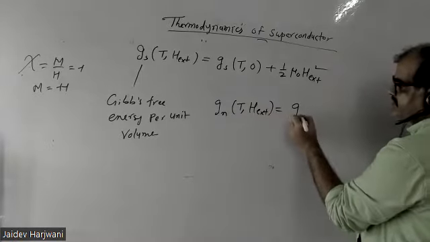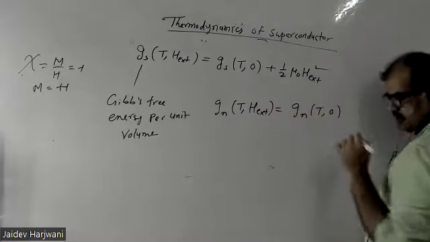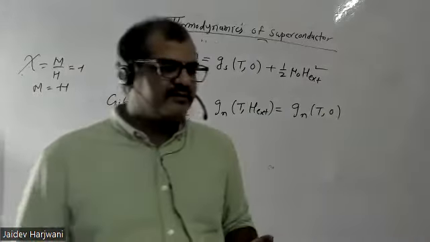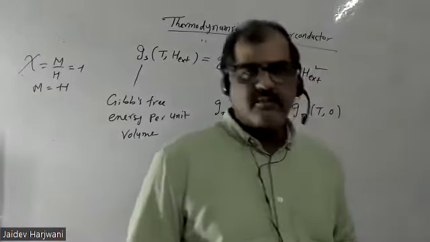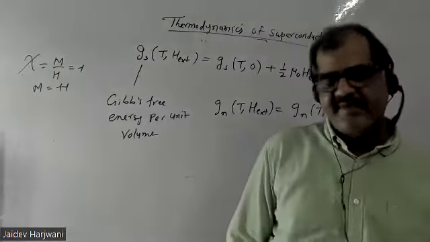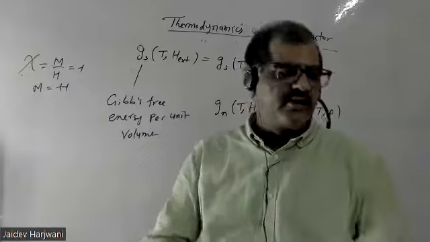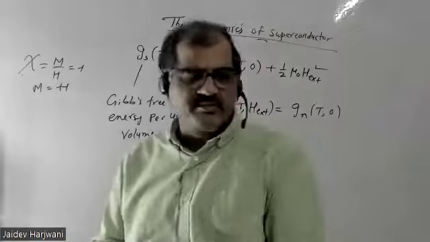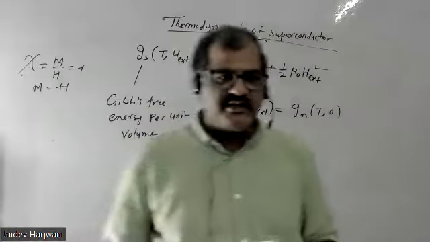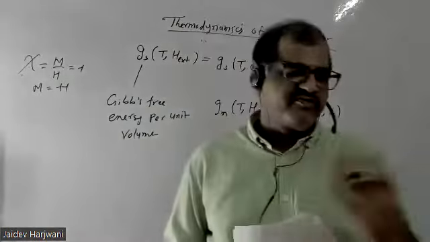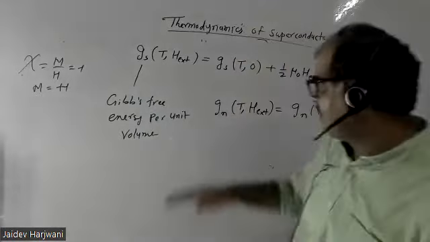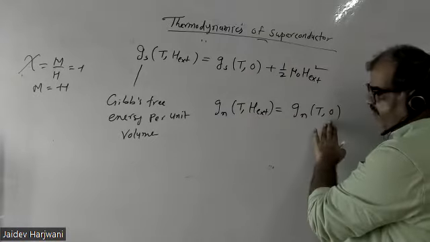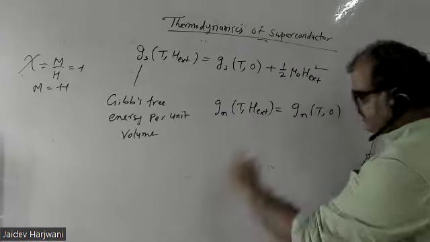This will simply equal Gn(T, 0). Because in the normal state, normal materials generally have very low susceptibilities, so they cannot magnetize appreciably. Once they cannot magnetize in the external field, their Gibbs free energy will also not change. So whether you are in a magnetic field or without a magnetic field, your Gibbs free energy will not change.